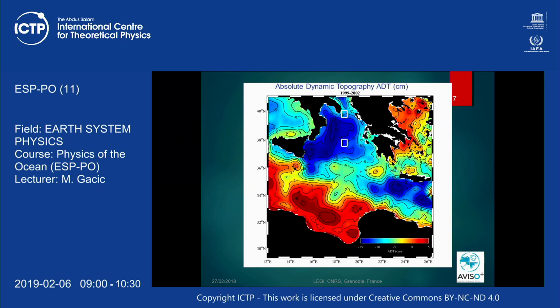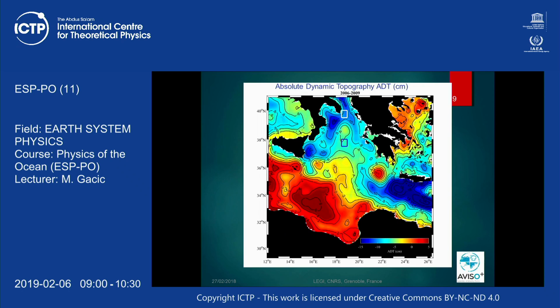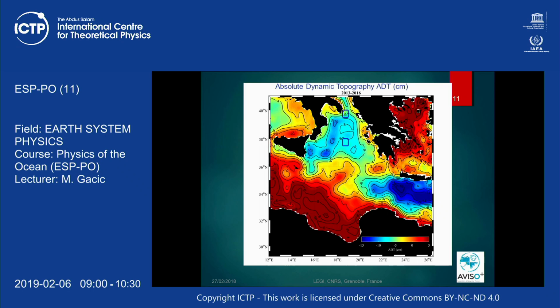this is how it looks like. This is another anticyclonic situation, which is 26229. You can see this here. If you go further, you have again the cyclonic circulation.